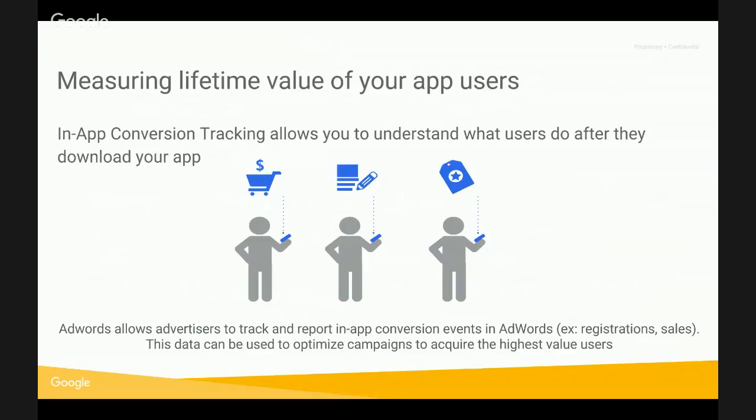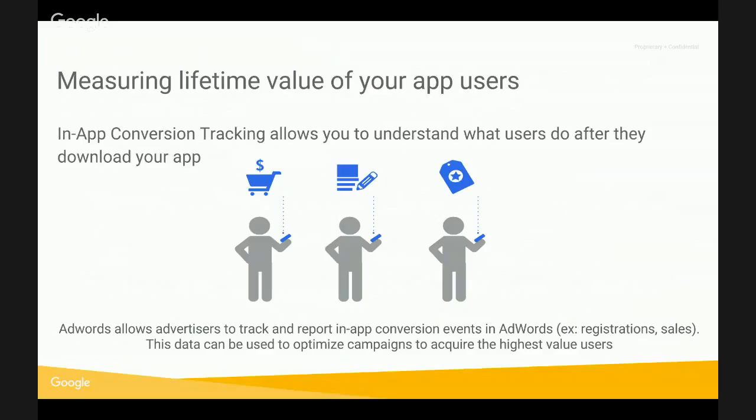The tracking works across mobile search and mobile display, and this display would of course include sites and apps. How does it work? For AdMob, advertisers register a mobile app conversion event in the Tools and Analysis tab in AdWords. Tracking app downloads from Google Play doesn't require adding a code snippet, so it can be done with no changes to your app's code.